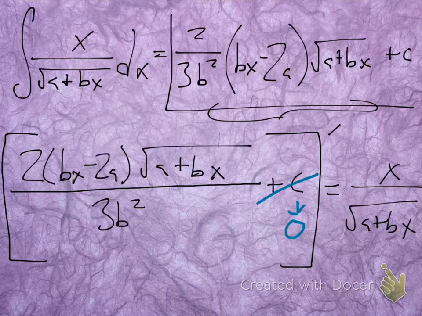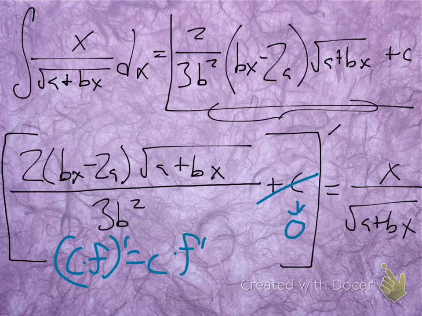Well, what does this look like over here? This looks like the constant derivative rule, which says c times f prime is just c times f prime. What is the difference between these two things? The prime is being applied to everything, c and f here. The prime is only being applied to f here.